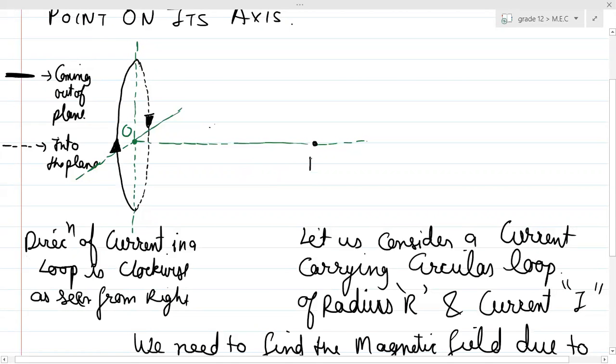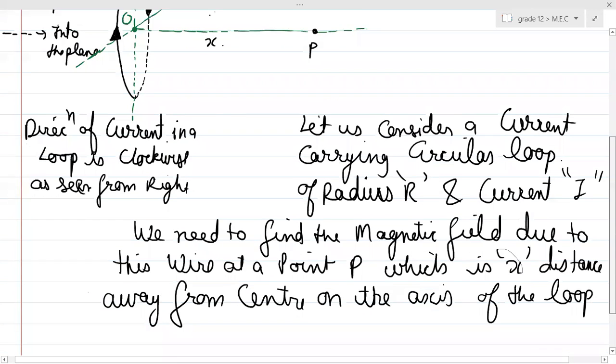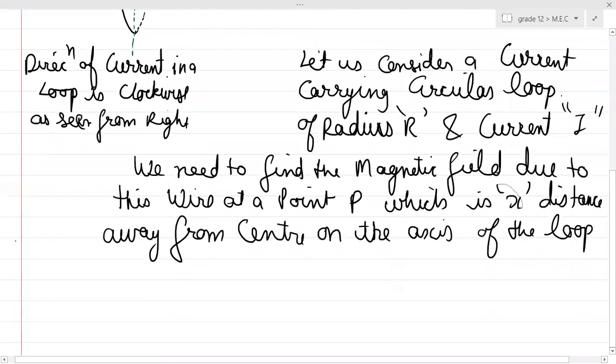Okay. So let me just draw it a little bit farther away. Let me draw point P over here. Now, how do you do this, guys? First and foremost thing, you'll choose two small elements, right? Yes, sir.